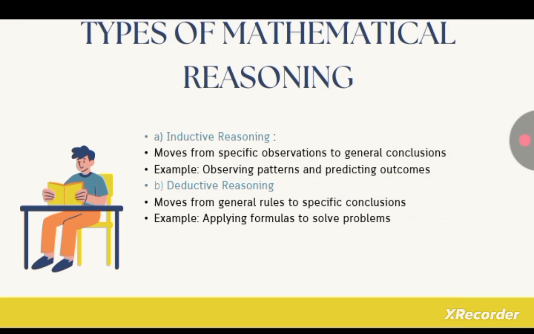An example is observing patterns and predicting outcomes. The second one is deductive reasoning, which moves from general rules to specific conclusions, that is, from unknown to known aspects. An example is applying formulas to solve problems.